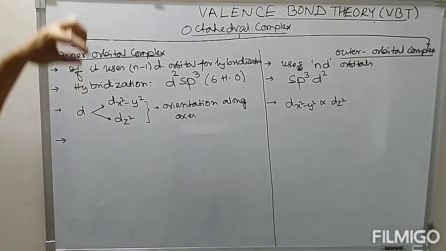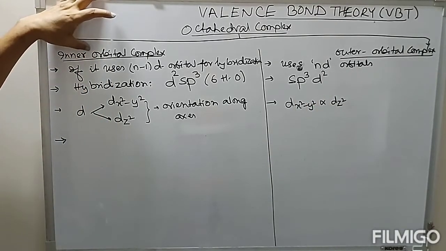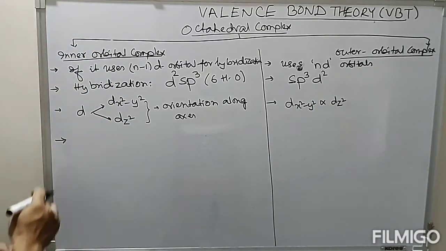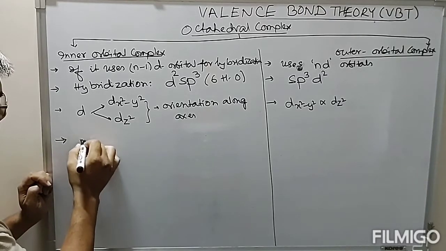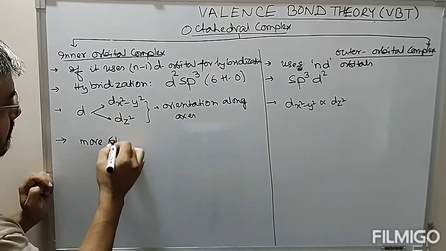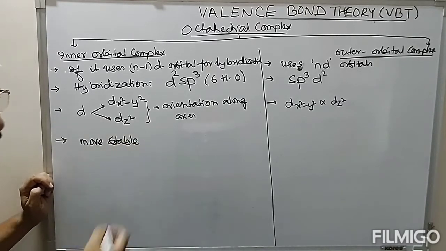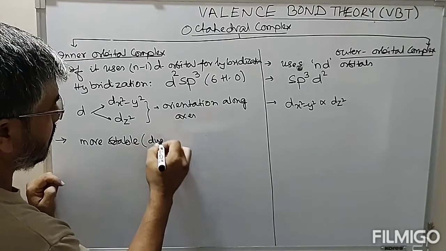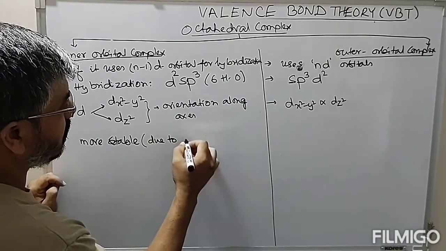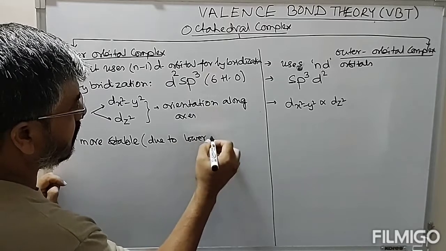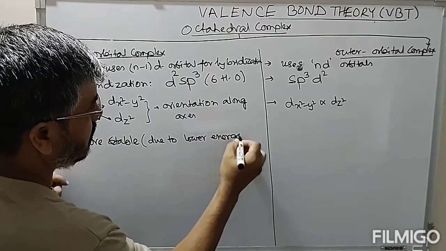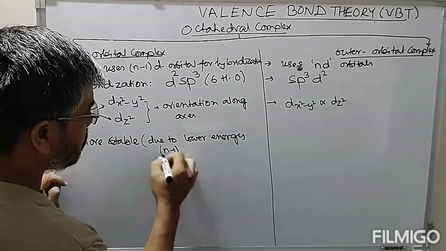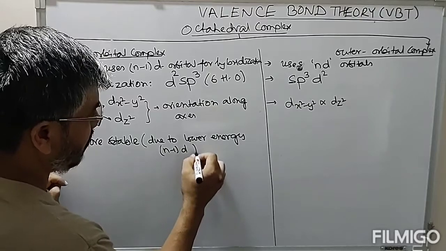Since the energy content of this inner orbital is less, these inner orbital complexes are more stable due to the lower energy (n-1)d orbitals.